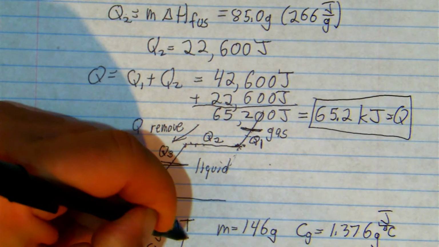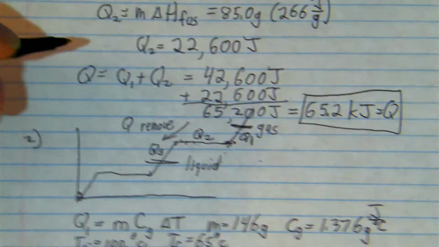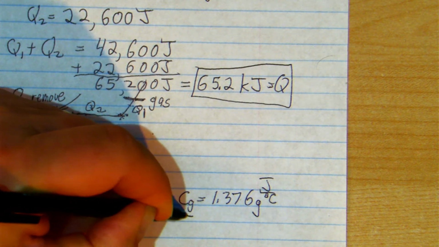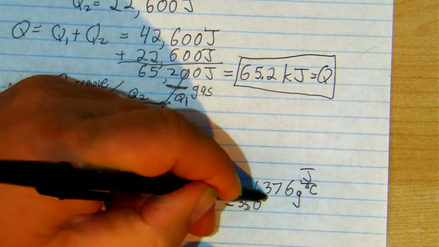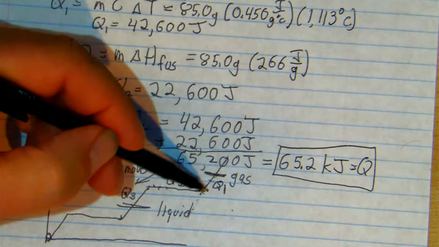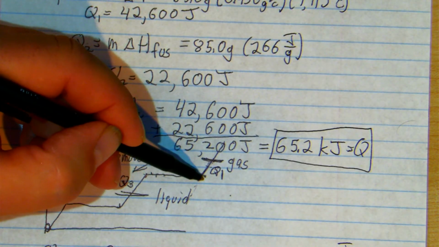So my final temperature is 65 degrees Celsius. This means my change in temperature is negative 35 degrees Celsius. That's the limit of how far I can change my temperature and still be a gas.